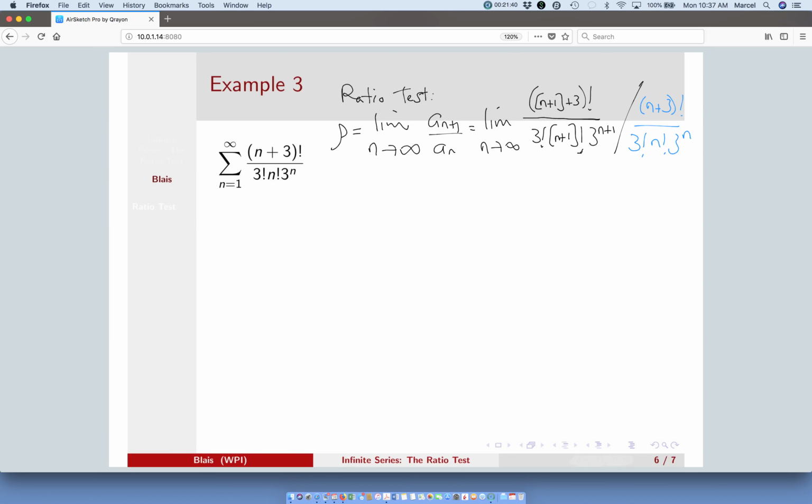And now we start to go through and simplify. So this is the limit as n goes to infinity. In this numerator term, we now have n plus 1 plus 3, so that gives us an n plus 4 factorial. Then we still have 3 factorial, n plus 1 factorial, 3 to the n plus 1.